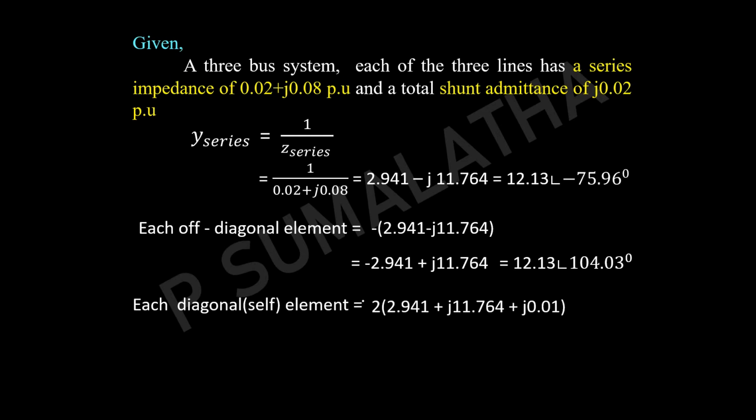Therefore, this value becomes 2 times of this value, that is Y series, plus half of the shunt admittance value, that is J0.01, which results into 24.23 at an angle 75.95 degree. So by this we have finished all the off diagonal quantities and the diagonal quantities of the Y bus matrix.